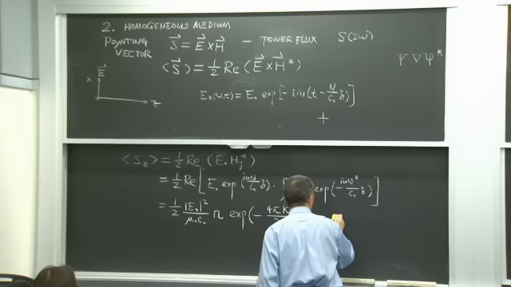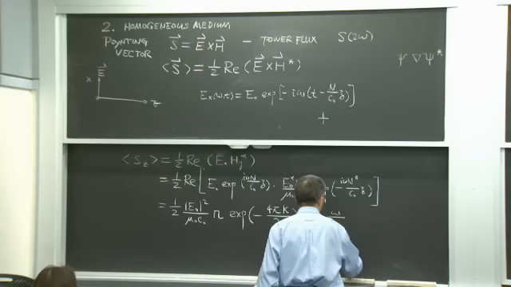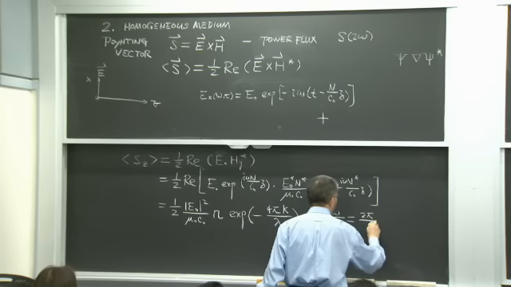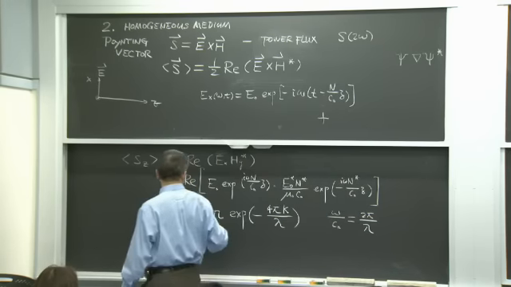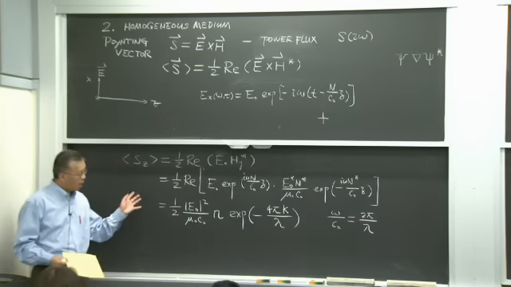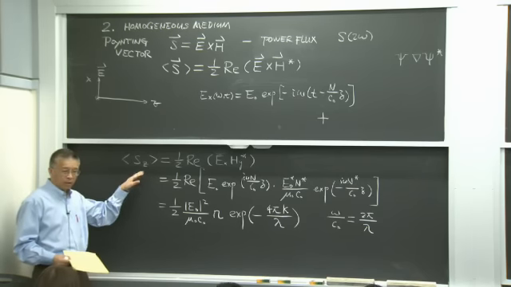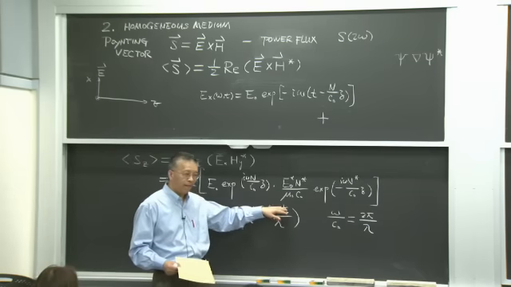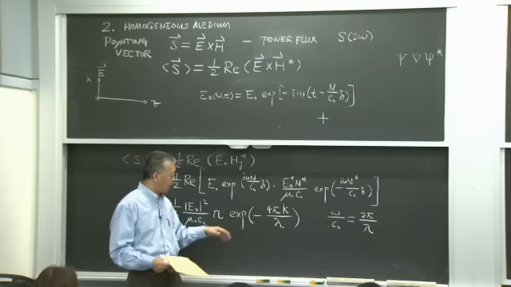I have used omega over C0 equals 2 pi over lambda, so I substitute this in. And that's how the Poynting vector in a homogeneous medium of refractive index n and kappa changes in the z direction. Here is z. It's an exponentially decaying function, right? That decay exponent alpha is 4 pi kappa over lambda.